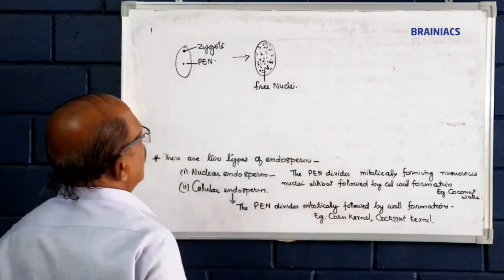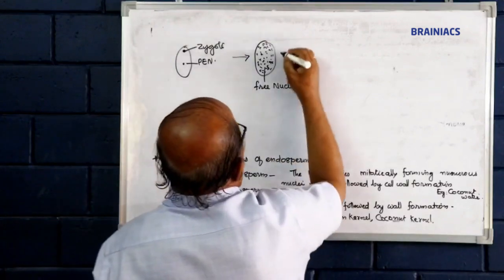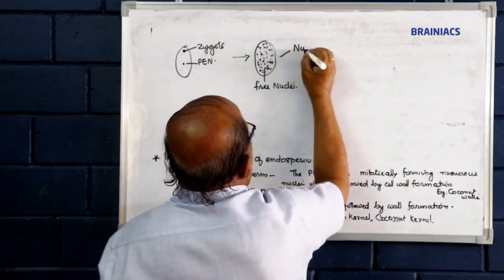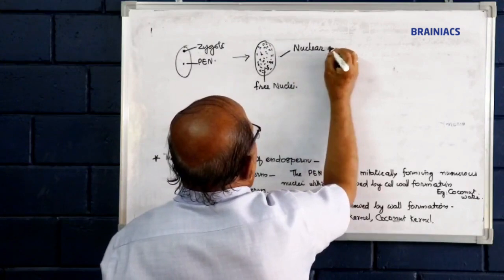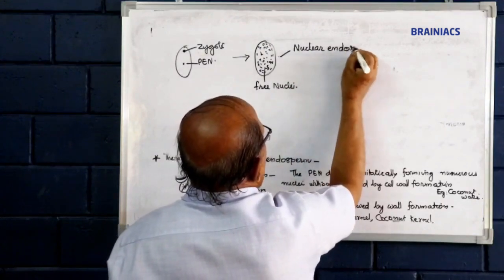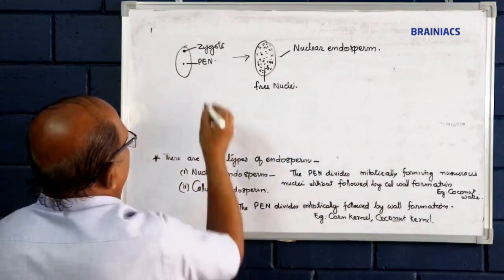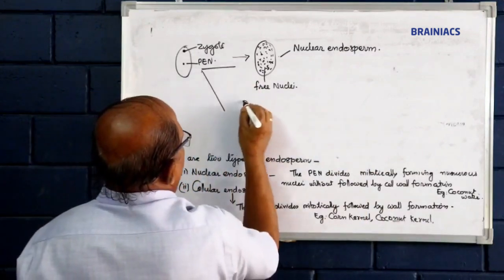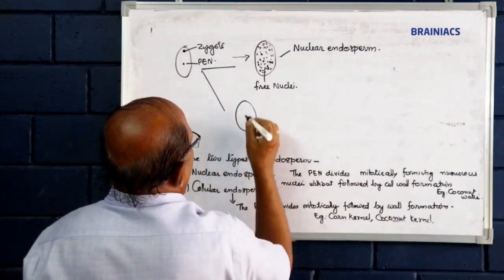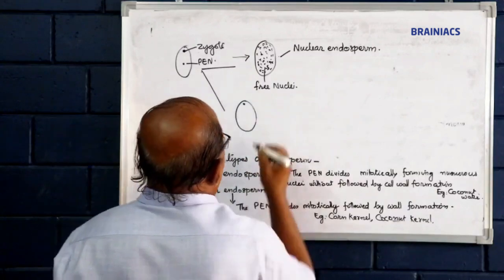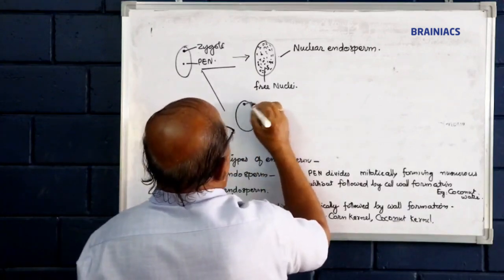This is nuclear endosperm. But here, this is zygote.